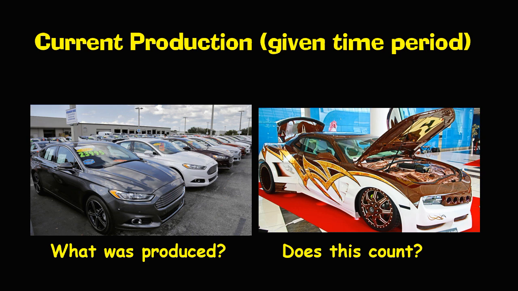The paint job is new, the tires are new, the wheels are new, the rims are new, the engine parts are new. Everything that's new, the new upholstery, the new sound system, all of the new stuff counts. The fact that we bought this used car, that car itself doesn't count. But all the work we do to it, so that our friends will look at us like we're stupid and our neighbors will hate us, all of that counts in GDP. Okay? Fun?